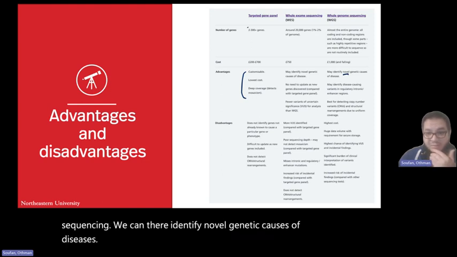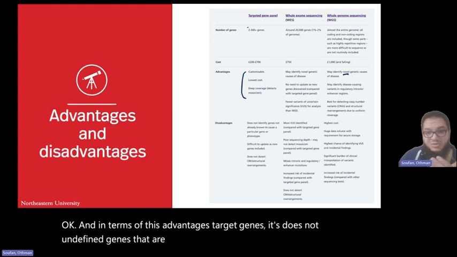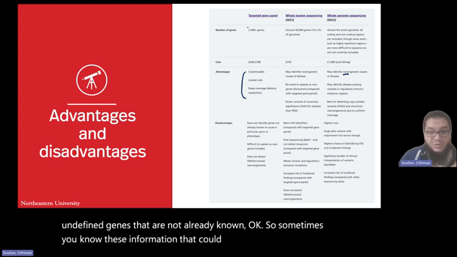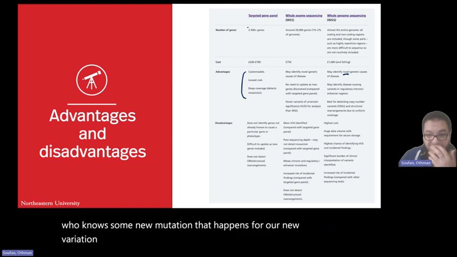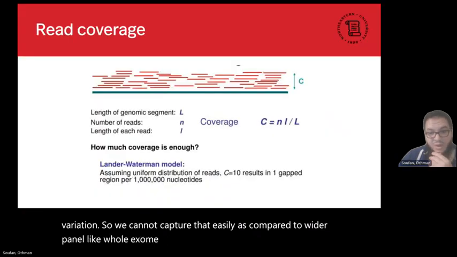In terms of disadvantages, targeted sequencing does not identify genes that are not already known. Sometimes this information could be new knowledge for us. Who knows? Some new mutation or new variation. So we cannot capture that easily as compared to a wider panel like whole exome or whole genome.